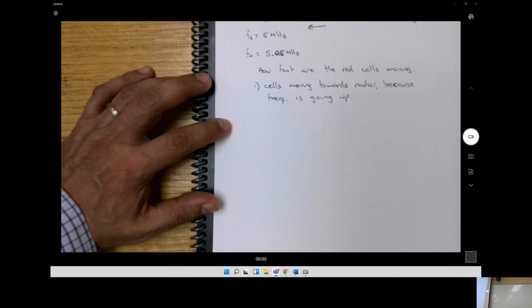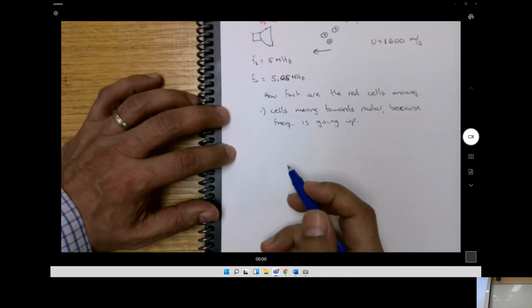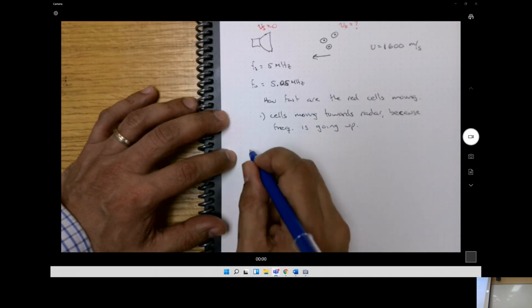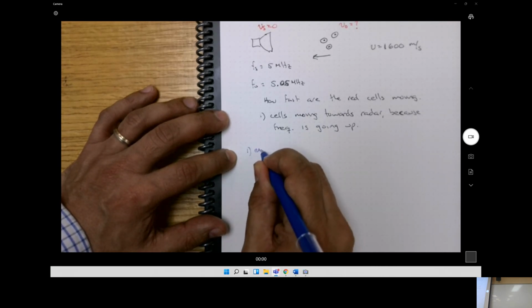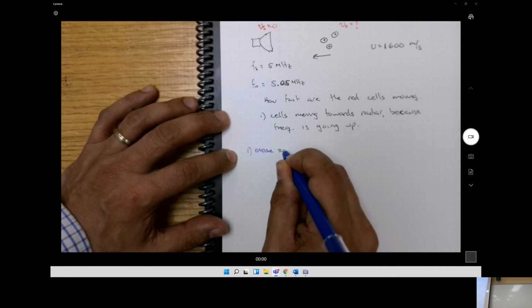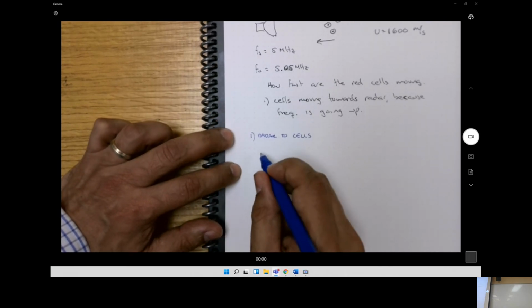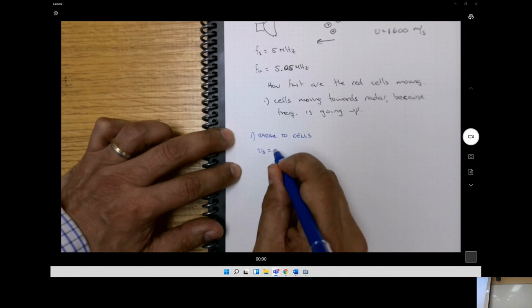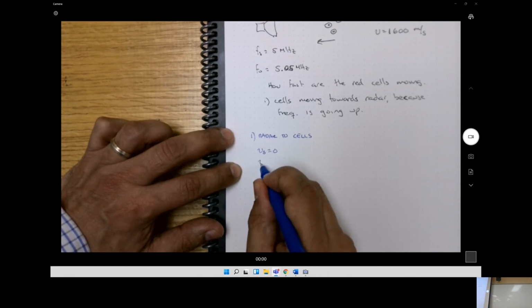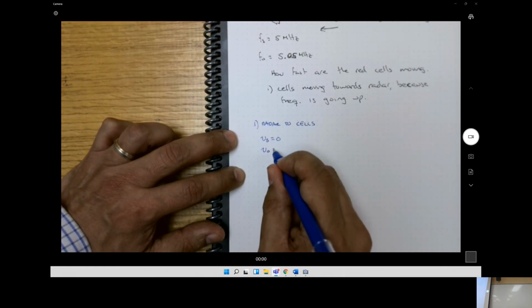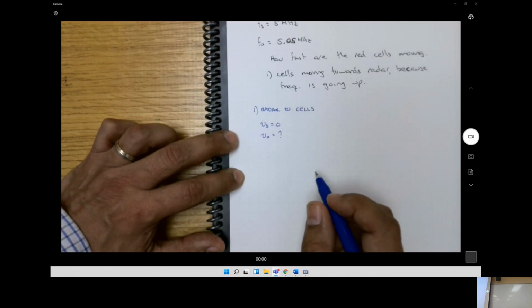Okay, so we need to apply the Doppler effect twice. So I'm going to go from the radar to the cells, and I'm going to assume that the velocity of the source is 0 and the velocity of the cells is an unknown, okay?